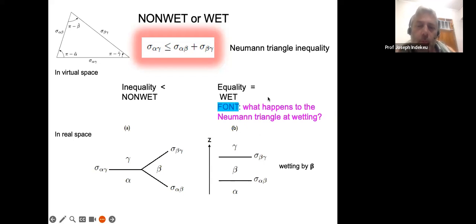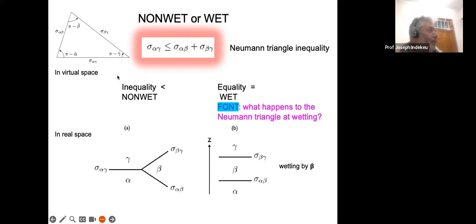Now, what happens to the Neumann triangle when such a situation arises? A situation that we will call wetting. In fact, we will say that the alpha gamma interface is now wetted by, or wet by, the beta phase. So we're going to find out this now together. What happens to the Neumann triangle when we reach the wetting condition?